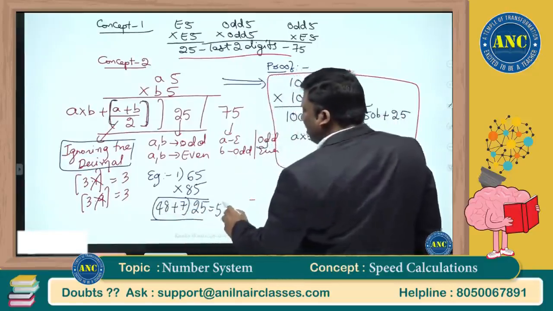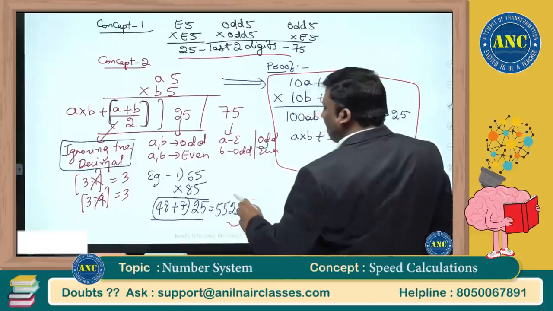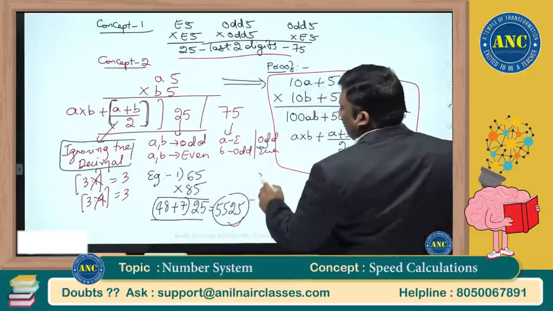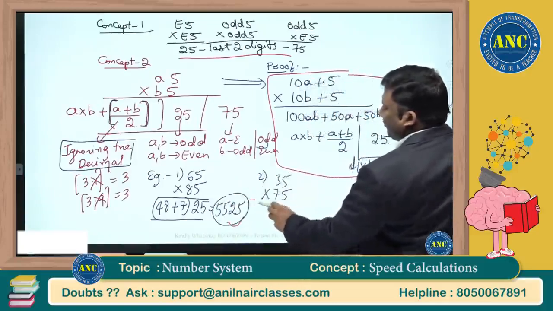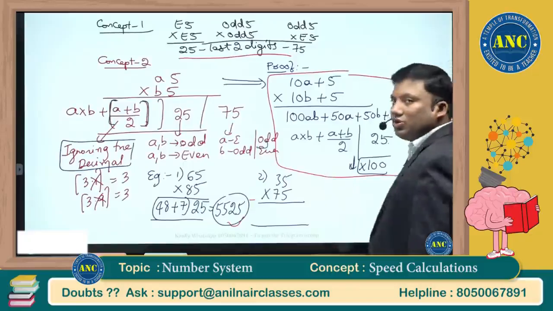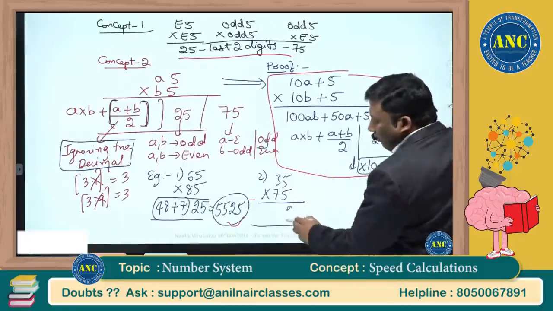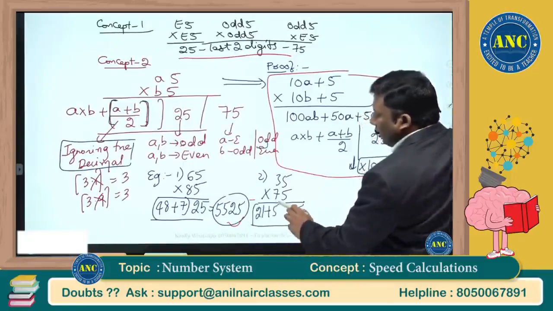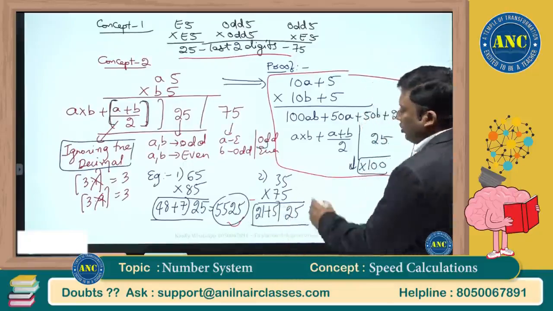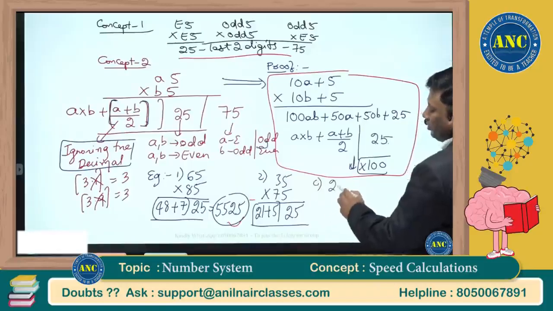So the answer is 5525. Suppose it is 35 into 75. Odd 5 into odd 5, 25. 7 3s are 21. 10 by 2 is 5. Answer is 2625.